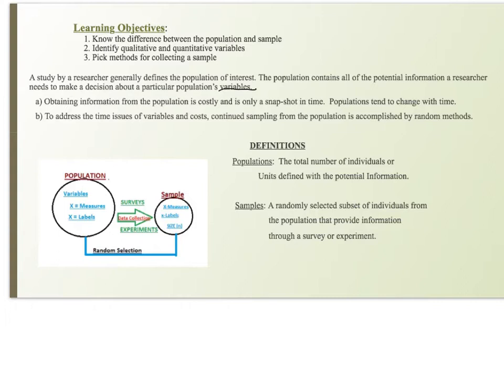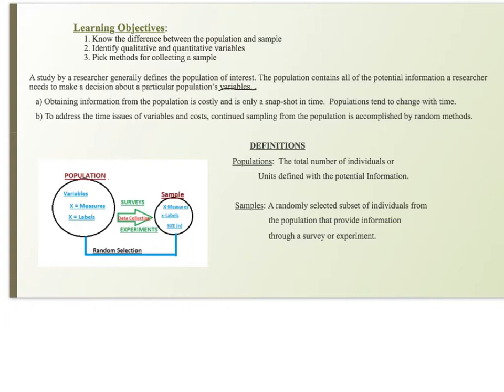Obtaining information from the population is typically costly, and if we have a population with all of its information, it's only a snapshot in time. The problem is that populations and their information tend to change with time, and the variables with them.